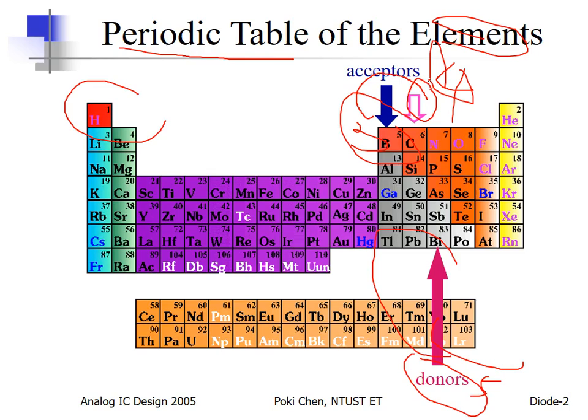So you can accept a covalent electron. And how about donors? On the contrary, they have 5 covalent electrons, more than 4. But we only need 4, so the extra one will be released to be free. So you can donate free electrons, and this is the definition for donors.